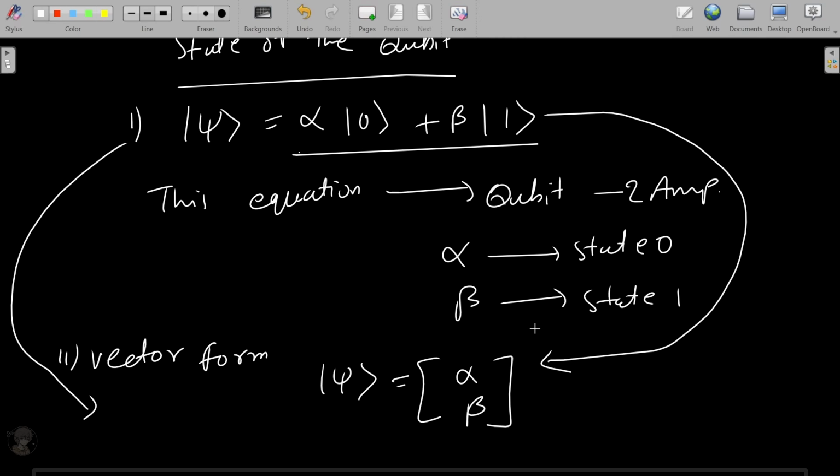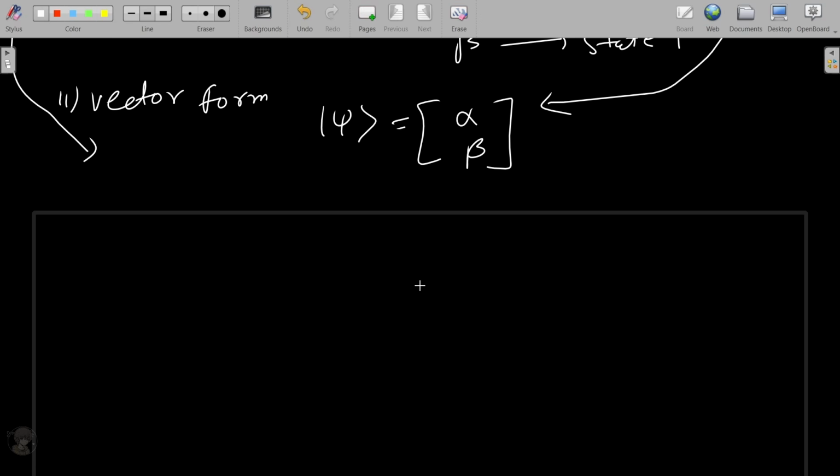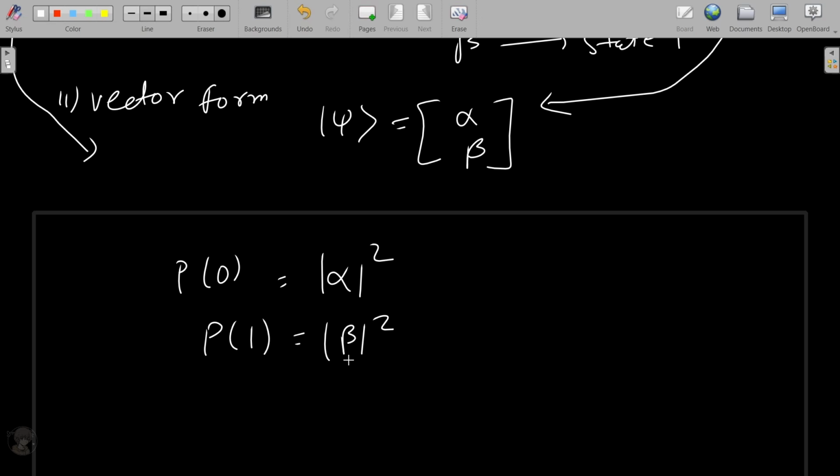Both of these equations represent the same qubit. Now let me show you the probabilities. P of 0 is modulus alpha squared, P of 1 is modulus beta squared. When you measure the qubit, these amplitudes determine the probabilities.